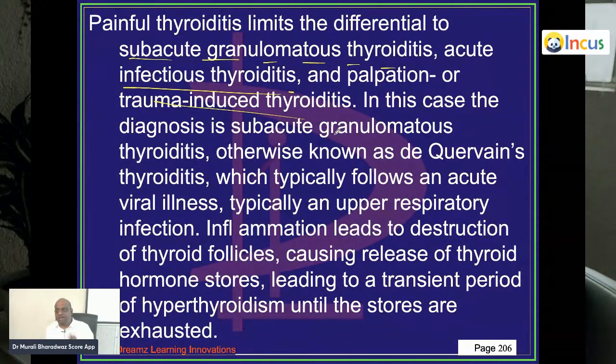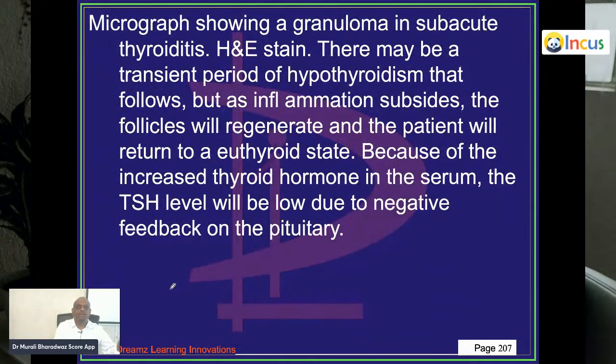That is the typical description. This inflammation will cause the destruction of thyroid follicles and release a lot of thyroid hormone. Transiently, hyperthyroidism features will appear. After that, the patient will go into hypothyroidism, and after some period, follicles regenerate. Then once more, they come back to euthyroid.